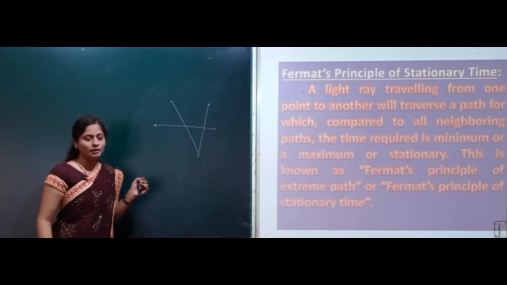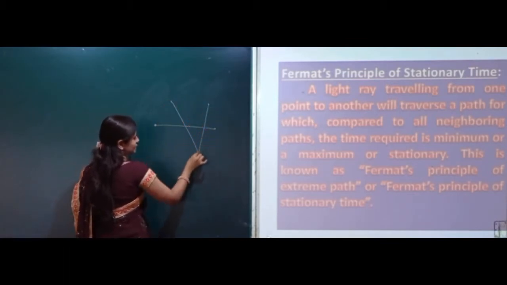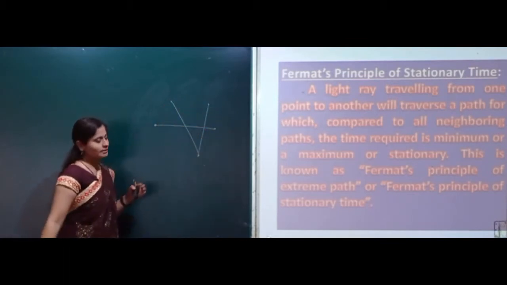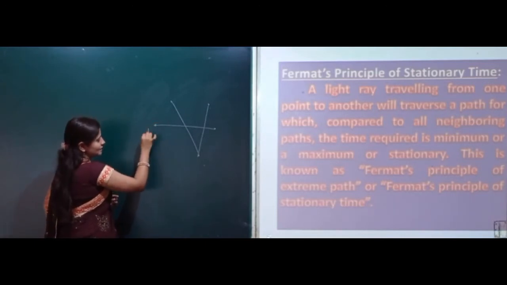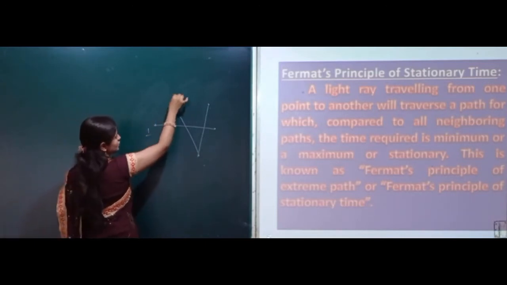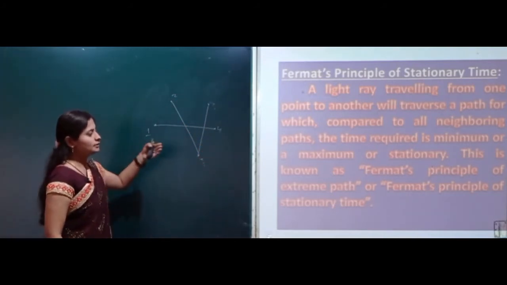What are the neighbouring points? Whatever these points are, they are neighbouring points. Suppose consider this as 1, so neighbouring is 2, 3, 4, 5.